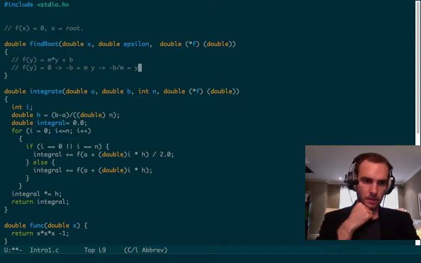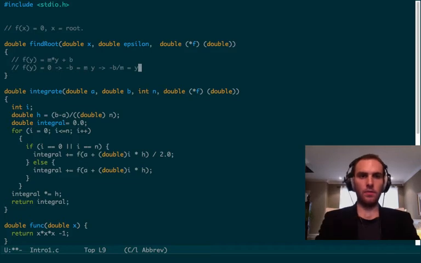Alright, so if you knew the slope of the function and you also knew the constant factor, you could find the zero of the function.